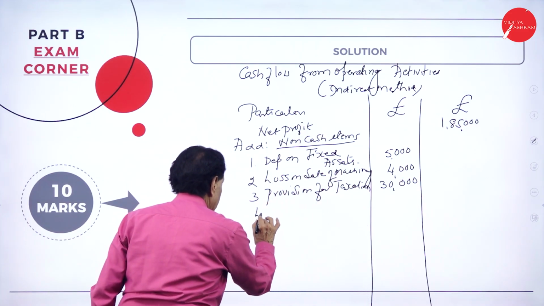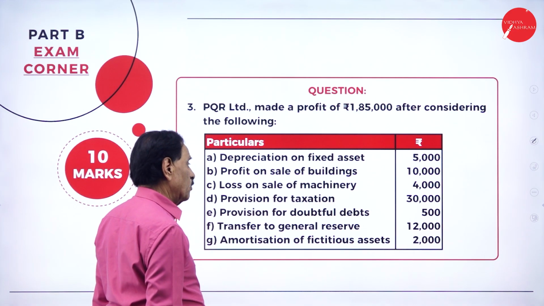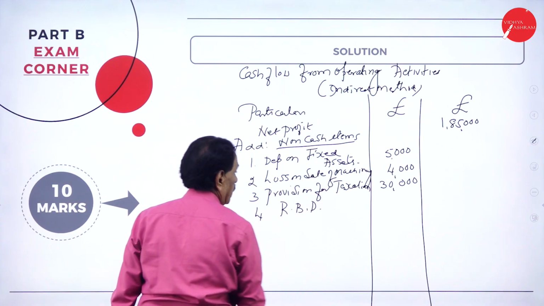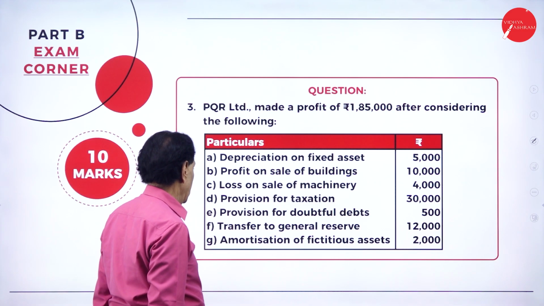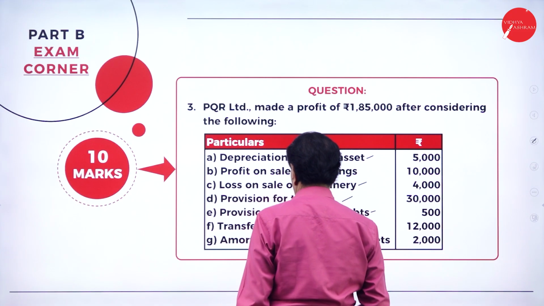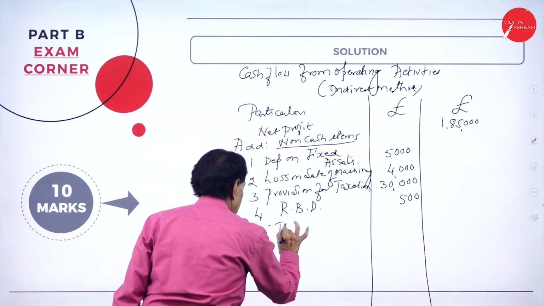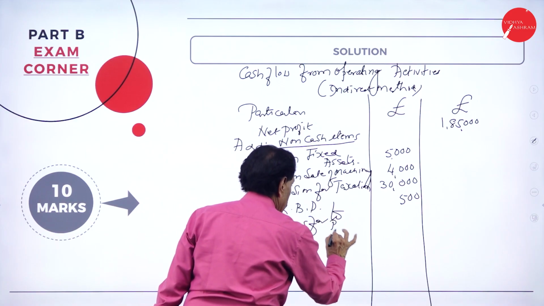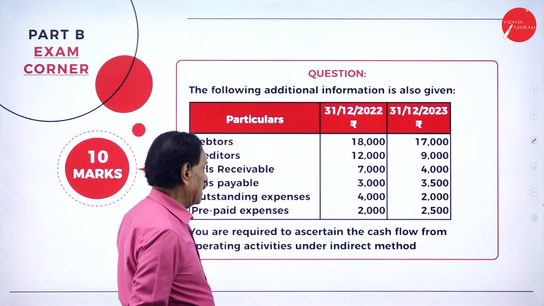Number 4, provision for doubtful debt, RBD, reserve for bad and doubtful debt, 500. So this over, loss over, then transfer to general reserve, 12,000.